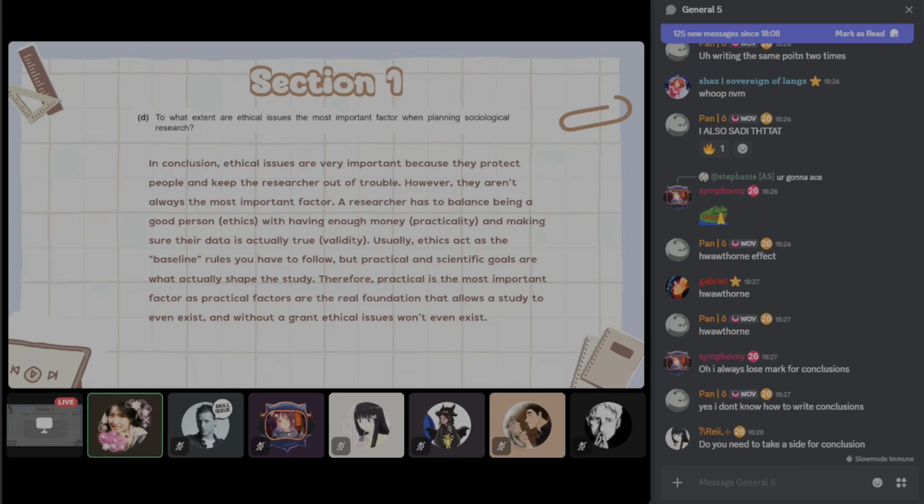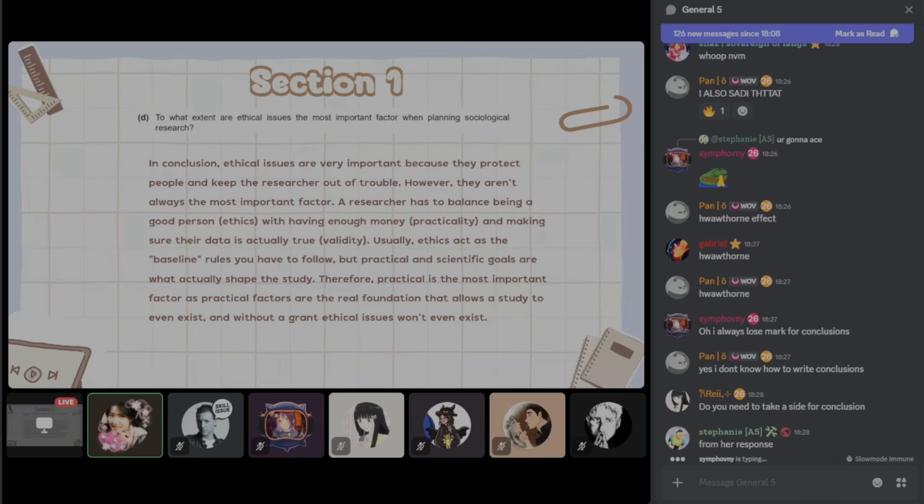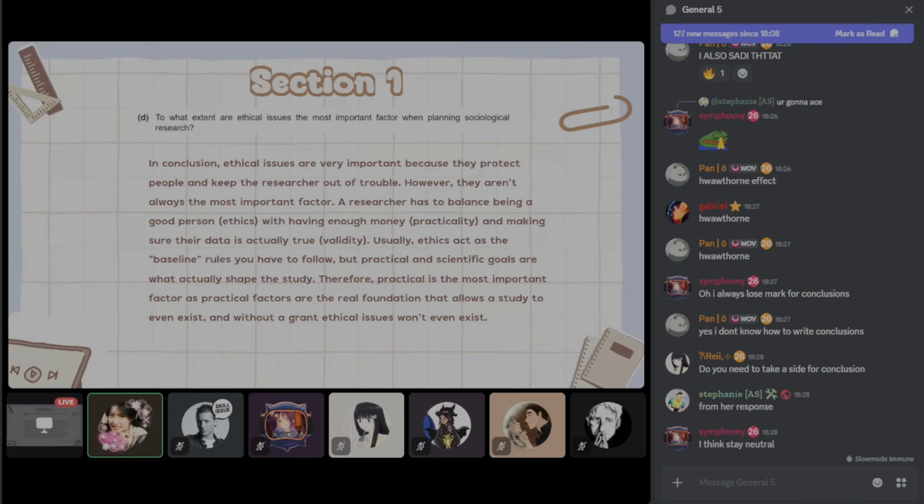Therefore, practical and scientific goals are a more important factor, but in this case, I said that practical is the most important factor. So, therefore, practical is the most important factor, as practical factors are the real foundation that allows a study to even exist, and without a grant, ethical issues or anything about ethics won't even exist.